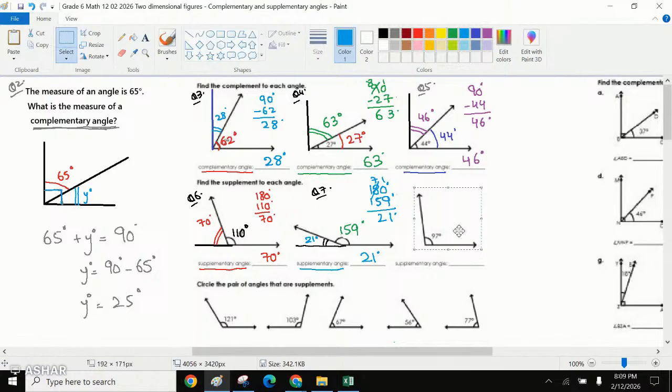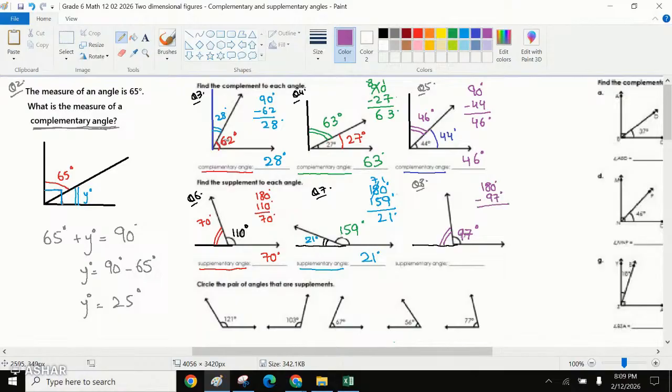For the next question, question number 8, we need to find the supplementary angle. This was given as 97, and this was the missing one. So 180 minus 97.